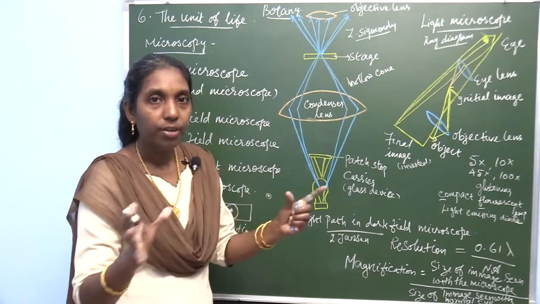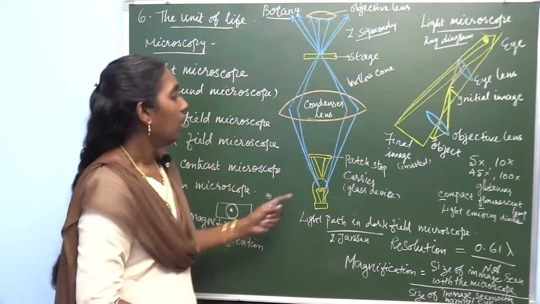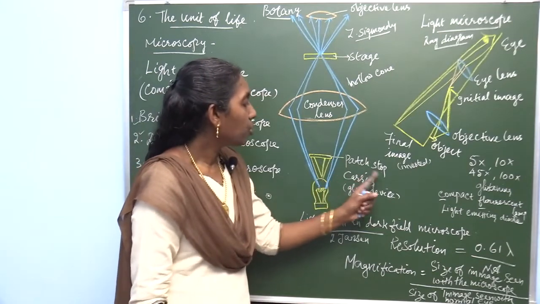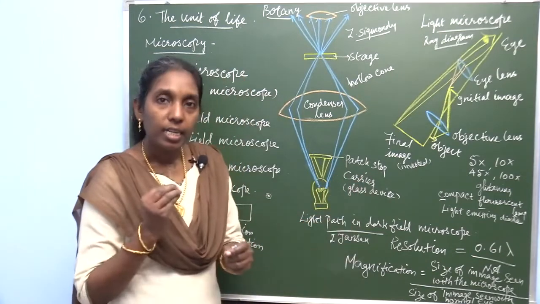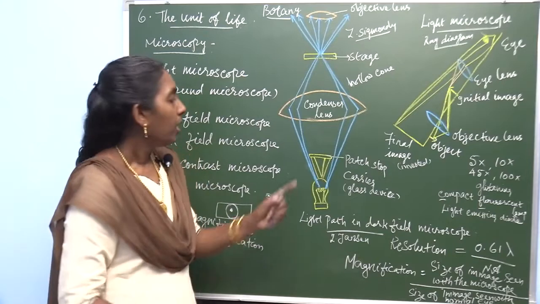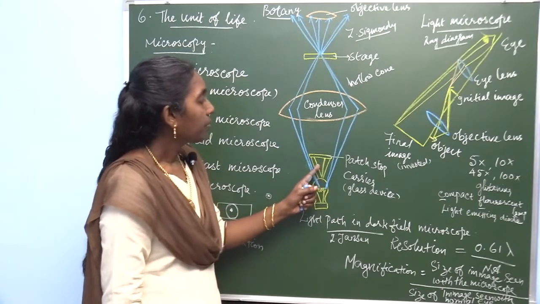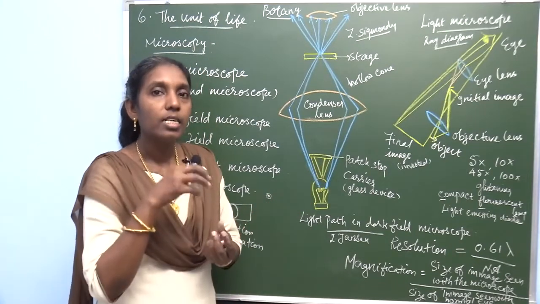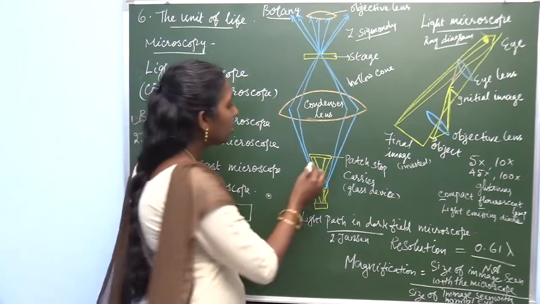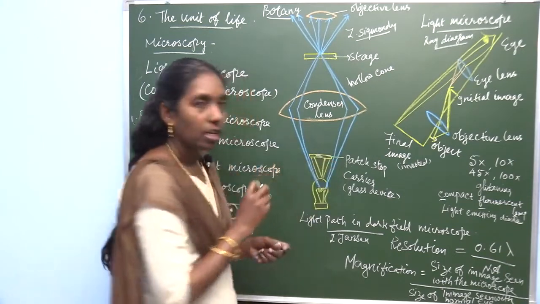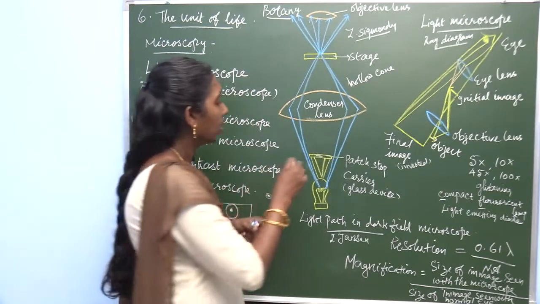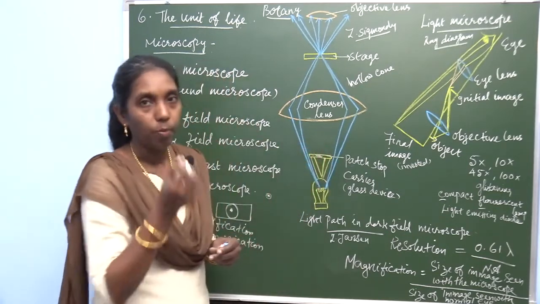There is a patch stop carrier, which is the glass device. This glass device contains a central patch, and between the margin and the center it leaves a small opening.